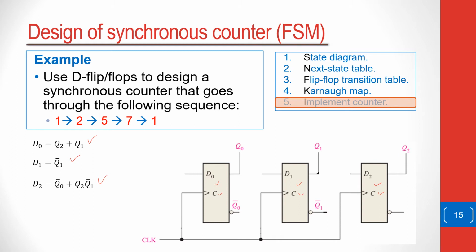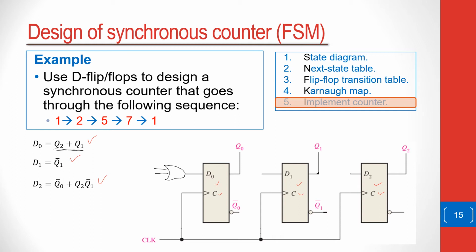So at the input here of D0, we have an OR gate which has the inputs as Q2 and Q1. So let's draw that. We have an OR gate here. And then for this OR gate, we are going to have our inputs as Q2 and Q1.